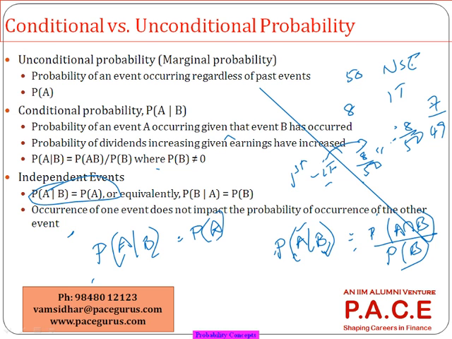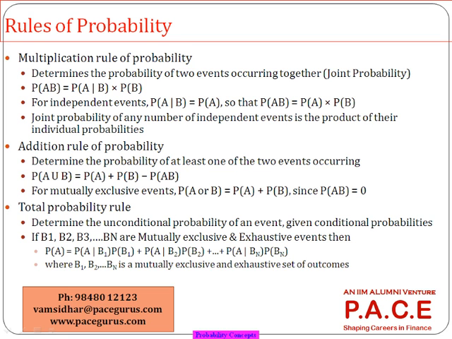Especially when I am talking about throwing a dice or tossing a coin, the chance of a head in the second toss is nowhere dependent on what I got in the first toss. They are all independent events. In that case, even if there is a conditional probability, it will be equal to the unconditional or marginal probability itself.